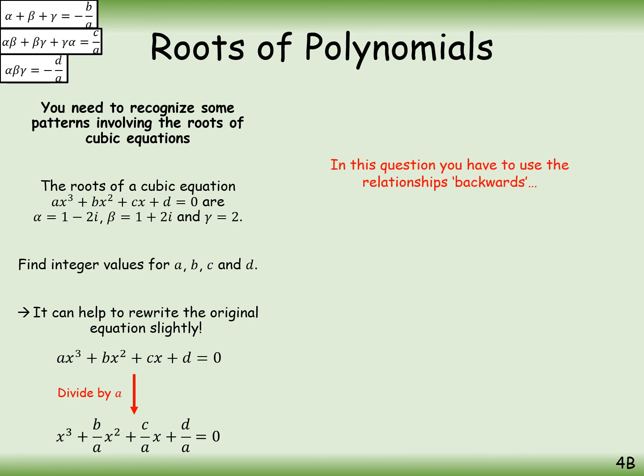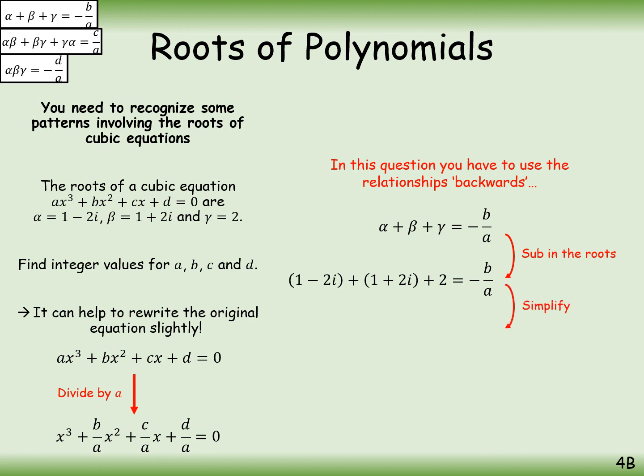So in this question, you have to use the relationships backwards. So we know the sum of all three roots equal to minus b over a. So if we substitute in the roots and we simplify, we get 4 equal to minus b over a.